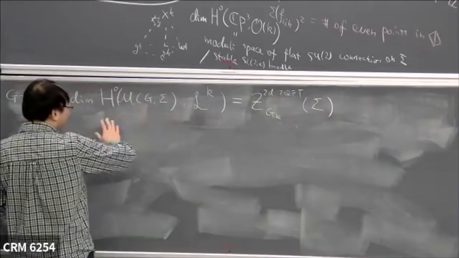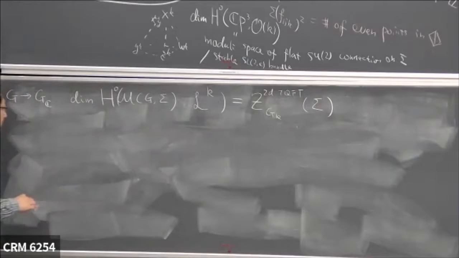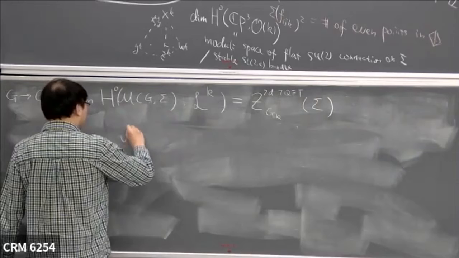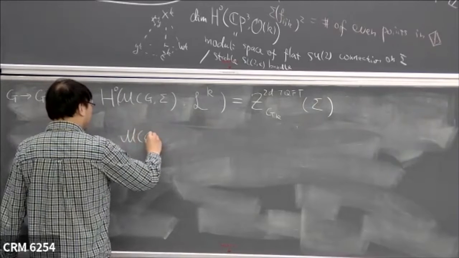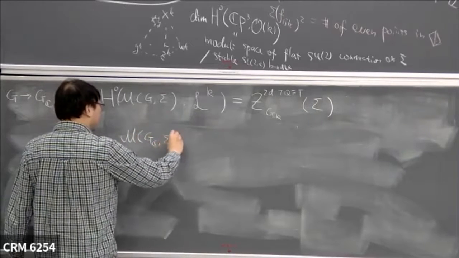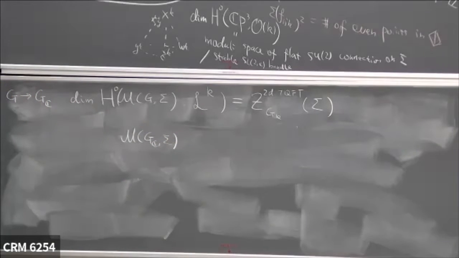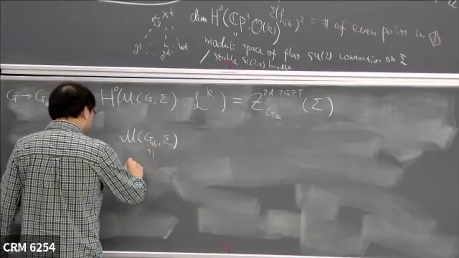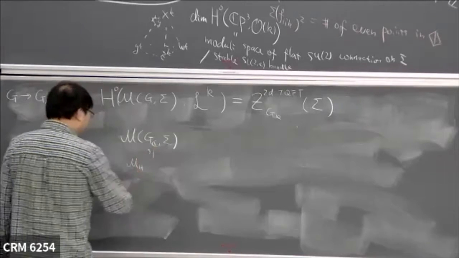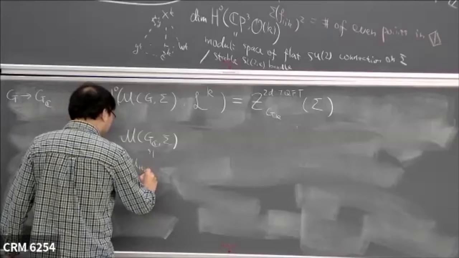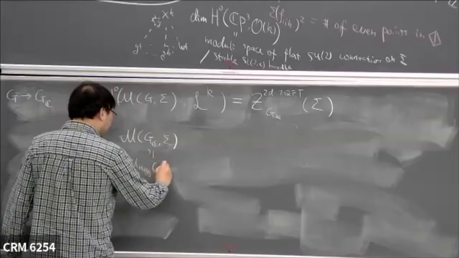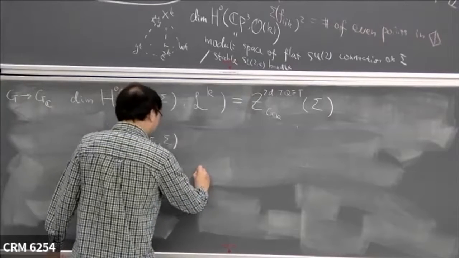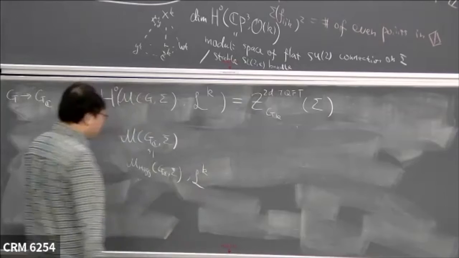But here, because we have geometry, this becomes meaningful. We can consider the moduli space of flat G_C connections on sigma, or this is also famously known to be isomorphic to the moduli space of G_C Higgs bundles on Riemann surface sigma. And then over there is a similar line bundle.